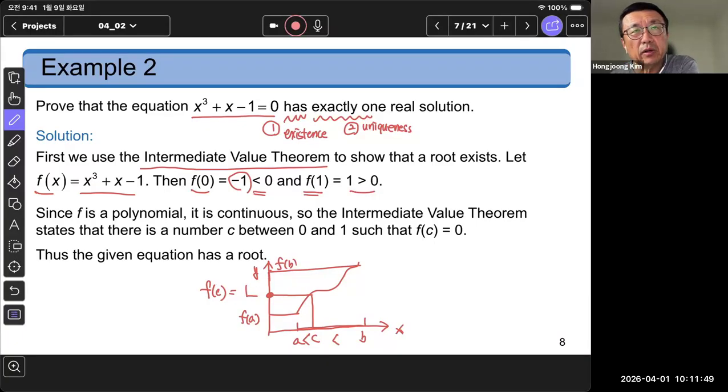So the intermediate value theorem says, if I choose any value between -1 and 1, there will be a c such that f of c equals that L value. Let us consider the case when L is 0. There will be a number c between 0 and 1 such that f of c equals 0.